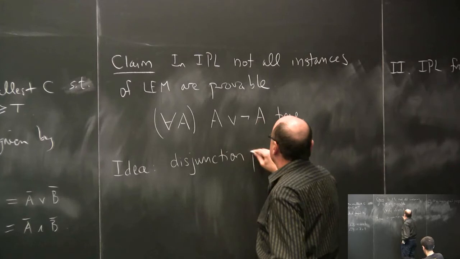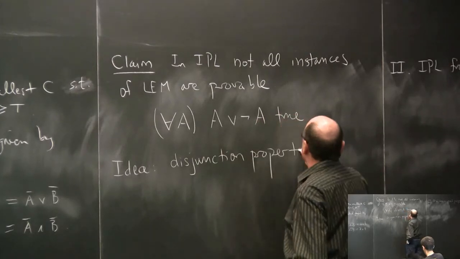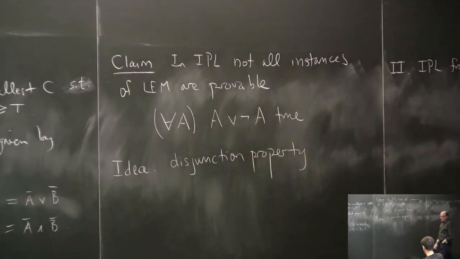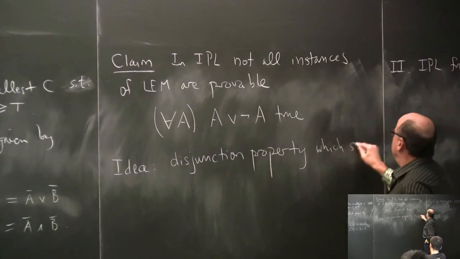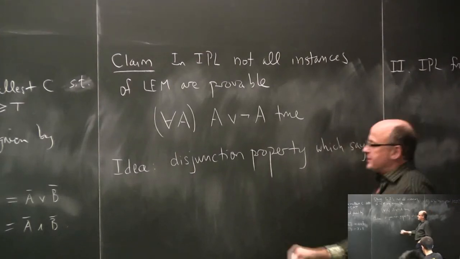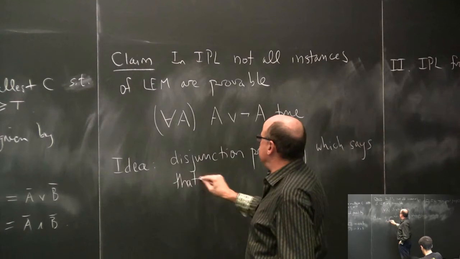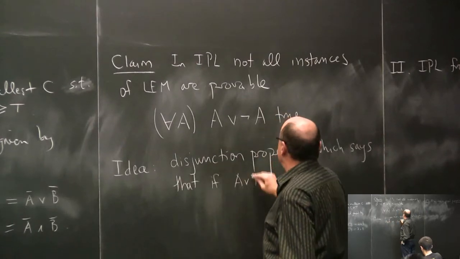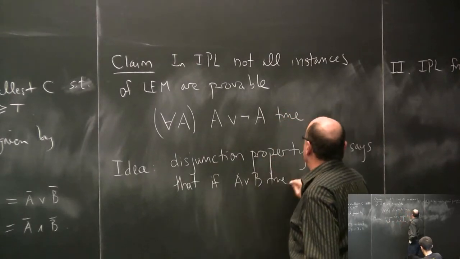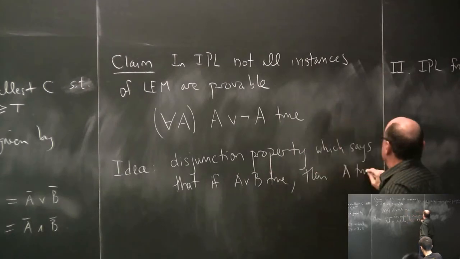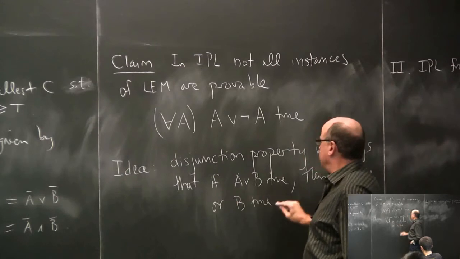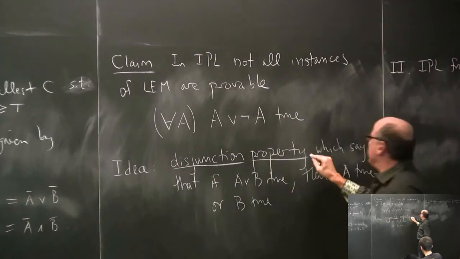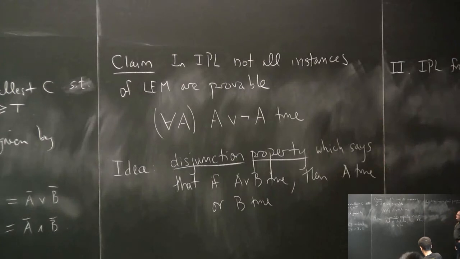That's what I'm actually going to discuss now, and it will be a useful thing to motivate this. The disjunction property, which I'll have to prove and we have to discuss how that could be proved, says that if you can show A or B is true, then it can only be by virtue of the fact that you've shown A is true or B is true. So we'll come back to whether the disjunction property holds and what it means.